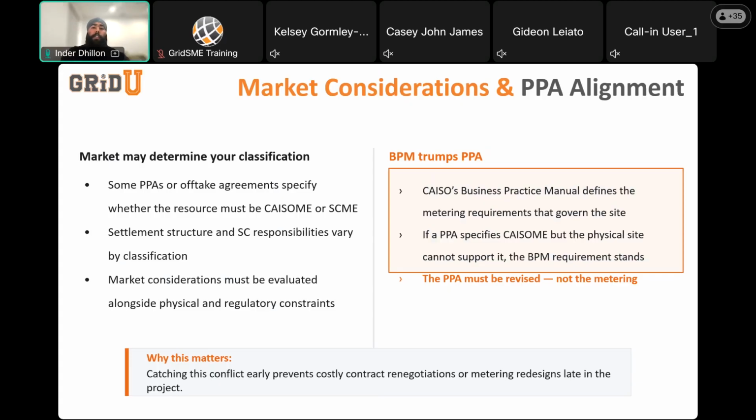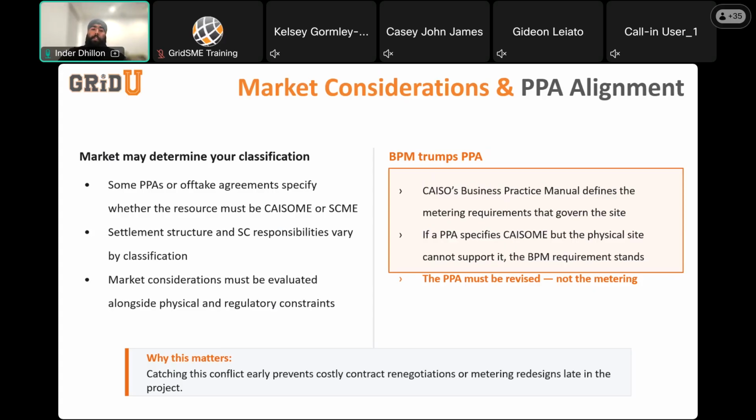That might look like a commercial decision, but it has direct technical implications. So if your PPA says ISOME, but your site physically requires a DLC, maybe because you have too many meters for peer-to-peer, or you're mixing up meter types, you have a conflict.